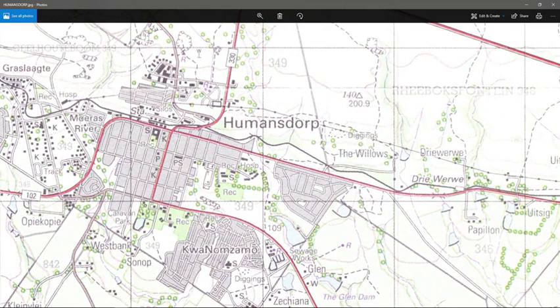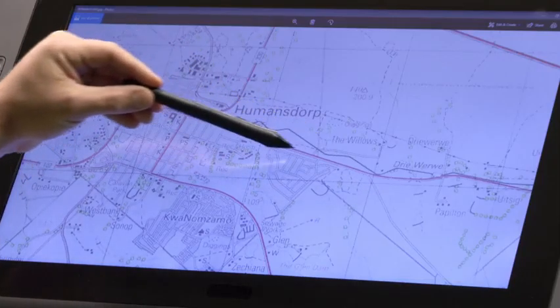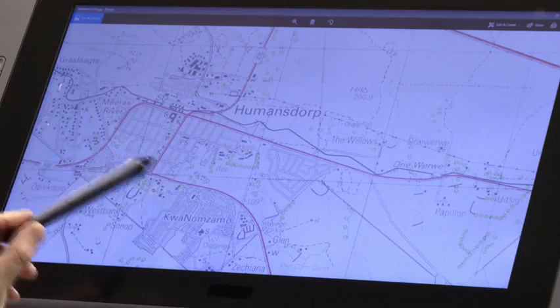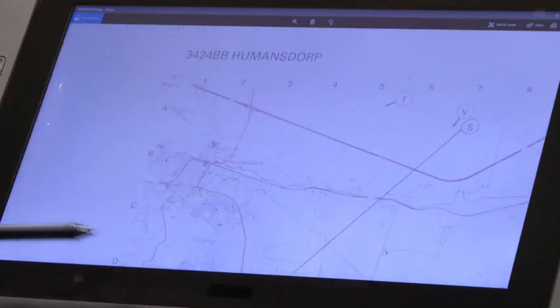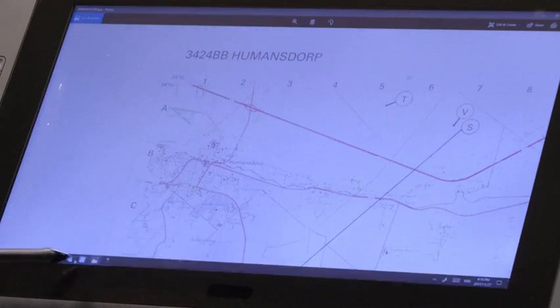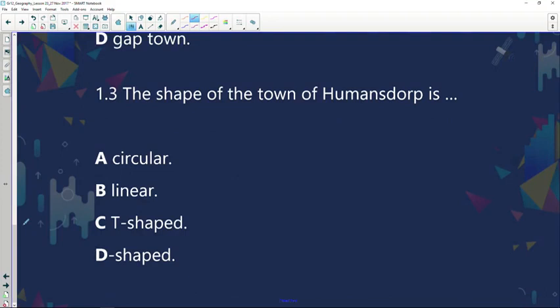Definitely you can see a national route moving through here, Route 102, and I will definitely say the correct answer will be B, linear. Let's go back to our multiple choice quickly. It's definitely not circular, it's definitely not T-shaped, so B will be the correct answer, linear.